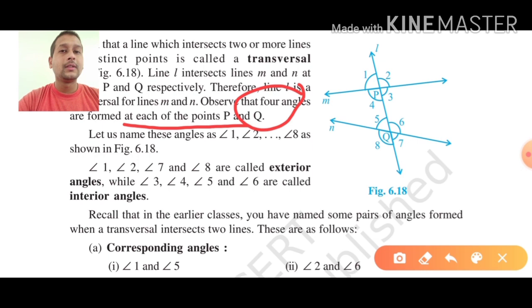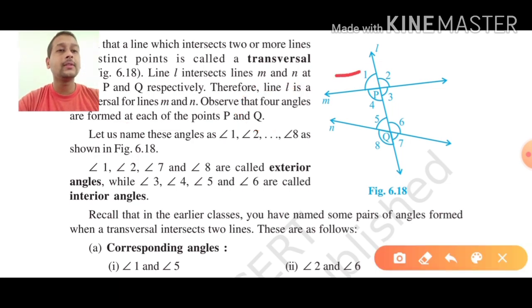P is the point where this line L intersects the line M, and Q is the point where the transversal intersects the line N. And you can see at P and Q, four angles are formed at each.